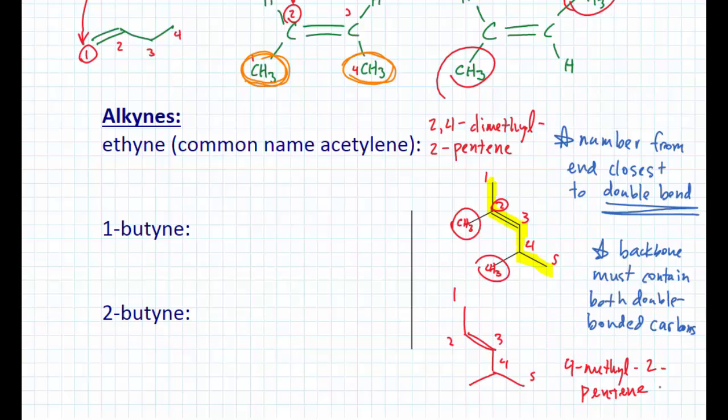So we can add branches to anything. Okay. One way of thinking of it is just kind of starting by, you could even start by ignoring the branches. Okay. If you just ignored those methyl groups, then you've got 2-pentene. Okay. But those methyl groups can be attached, or ethyl or isopropyl or whatever. Those can be attached, sort of anywhere in the molecule. But that just gets put on at the beginning of the name.